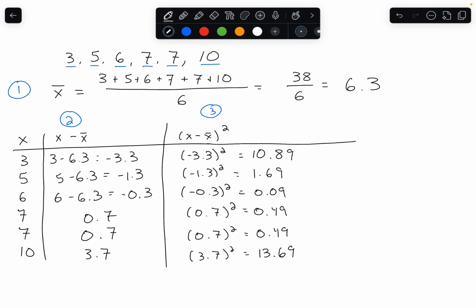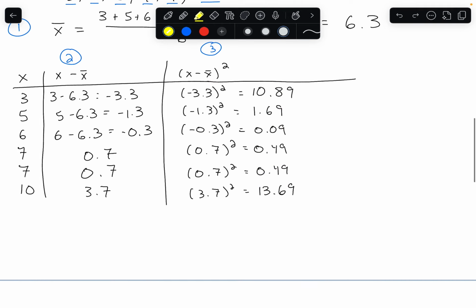So I have all of these values here. These are the numbers that I'm interested in at this point because for my step 4, I'm going to take all of those numbers that I just found and add them together.